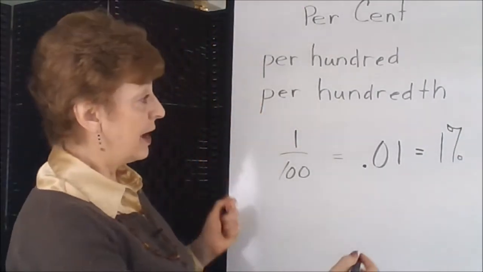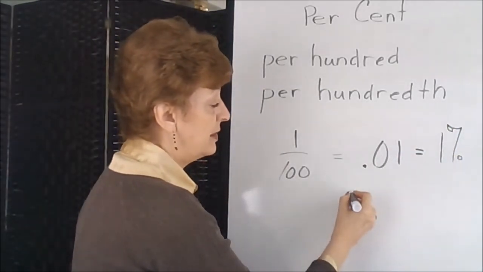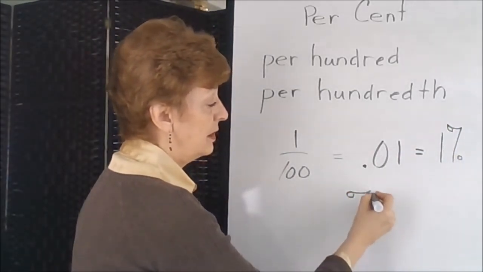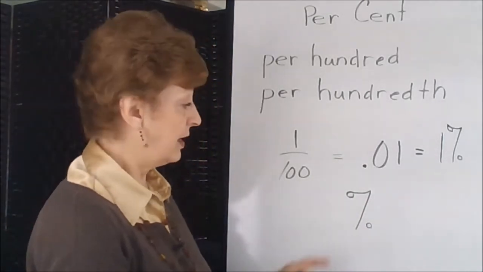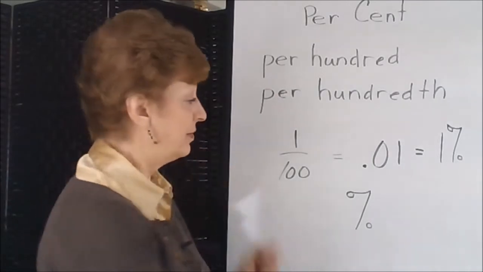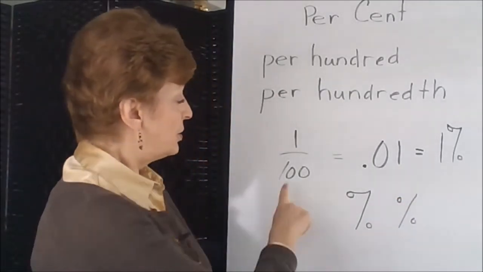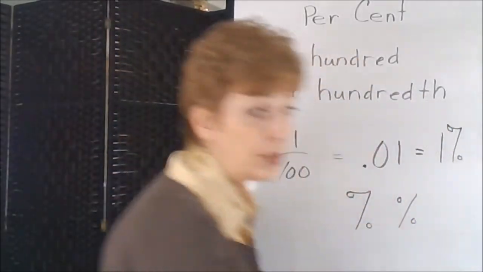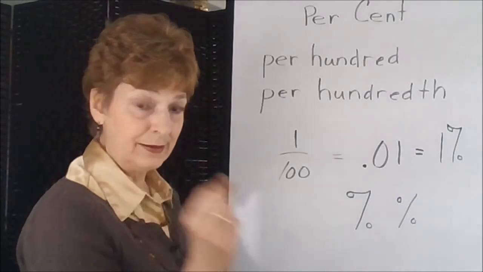The percent sign is made with a small circle on the top, a slanted diagonal line, and another circle here, or a variation of. So what we have here is 3 different ways to call a penny.